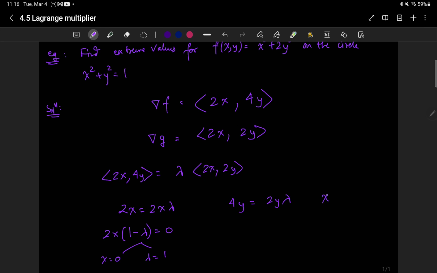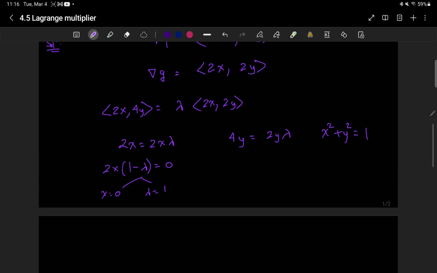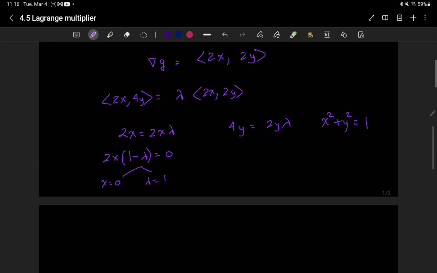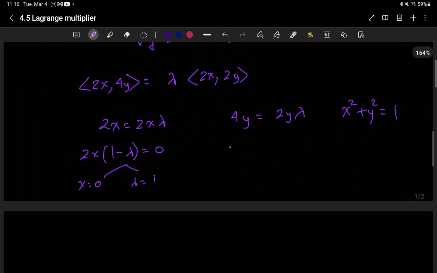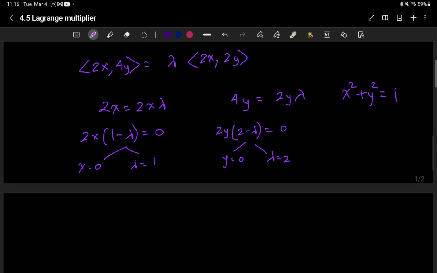We also have x squared plus y squared equals 1, which is the constraint equation or the level curve. The second equation gives 2y(2 minus lambda) equals 0, so y equals 0 or lambda equals 2. Now let's see.